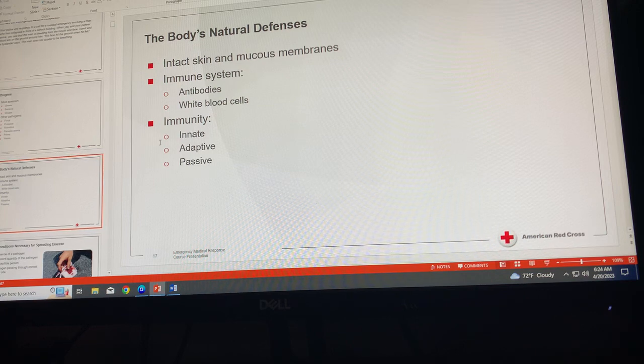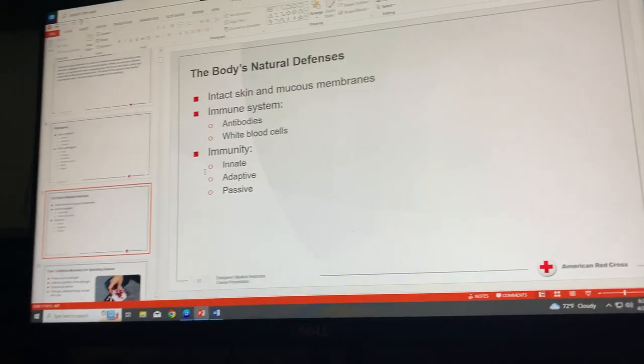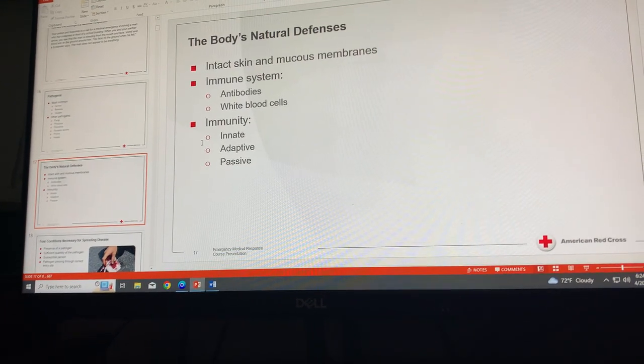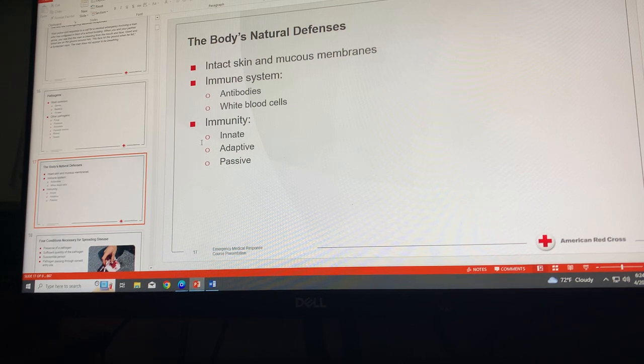Okay, let's go on our next slide here. And we're going to look at the body's natural defenses. The body has a series of natural defenses that prevent infectious microorganisms from entering. The body depends on intact skin and mucous membranes in the mouth, nose, and eyes to keep infectious microorganisms out.